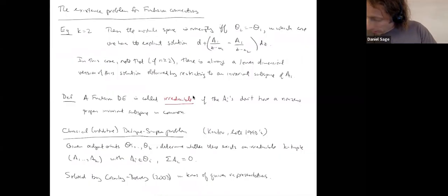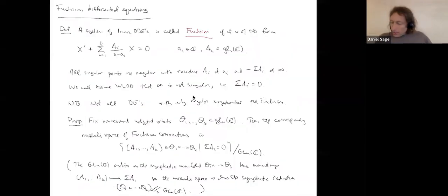Okay, so this moduli space of Fuchsian connections, if you go to general G, the analog is pretty obvious. Now you have, again, adjoint orbits in the appropriate Lie algebra. You have the sum of A_i equals 0.